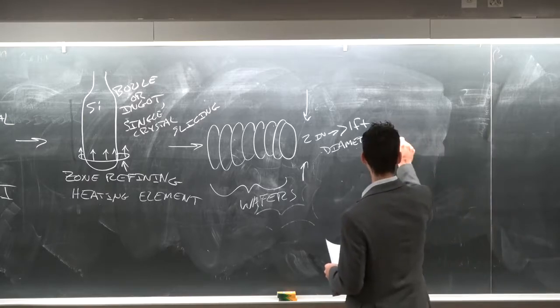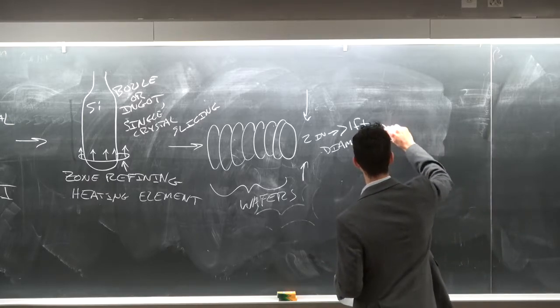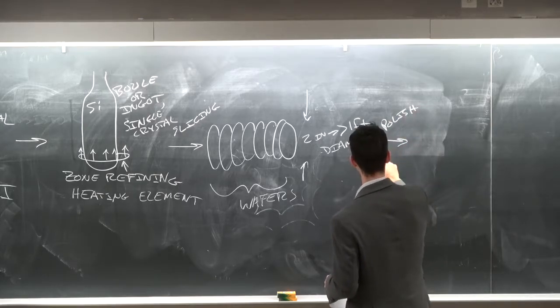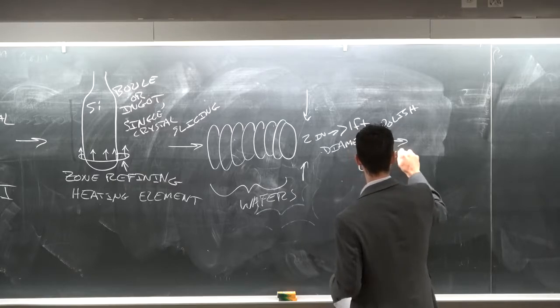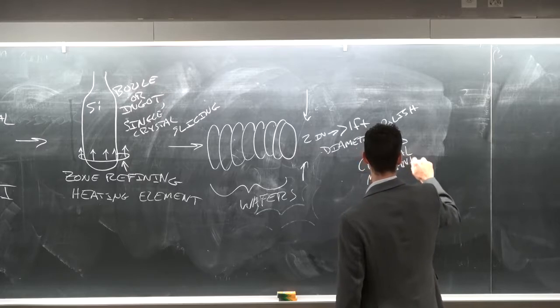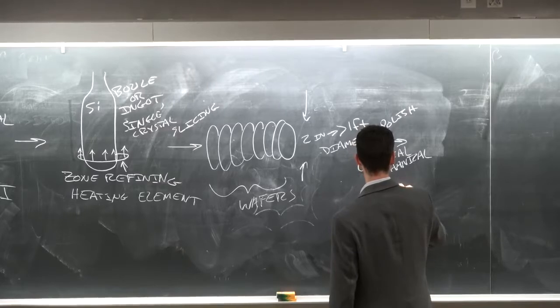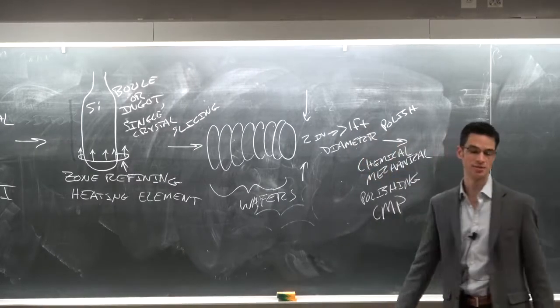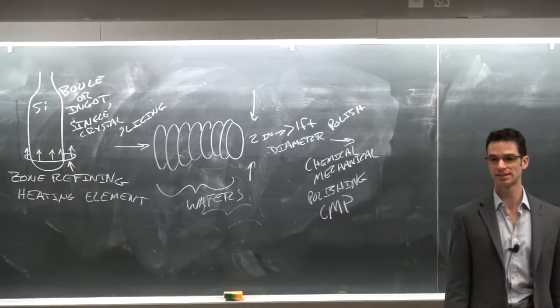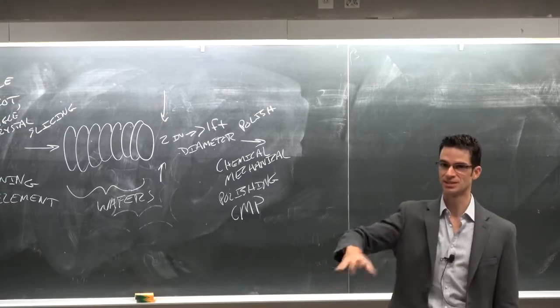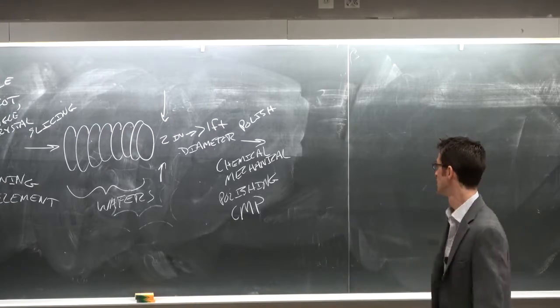Okay, so now we take the individual wafers and we polish them through something called chemical mechanical polishing, or CMP, which involves abrasive nanoparticles, silicon or other things that are literally used to polish the surface of the silicon.